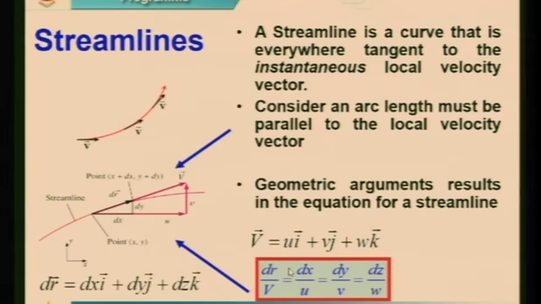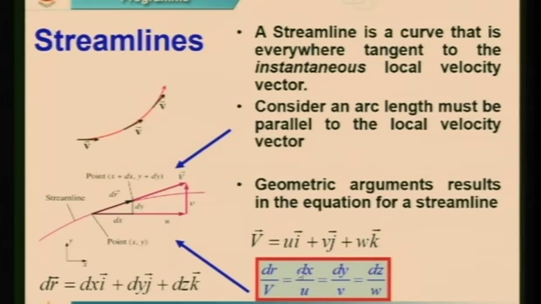Now, the streamline equation is dr by V is equal to dx by U, dy by V and dz by W. It means displacement in x direction is responsible because of velocity in x direction. Displacement in y direction is because of the component of velocity in y direction, and displacement in z direction is because of the velocity in z direction.